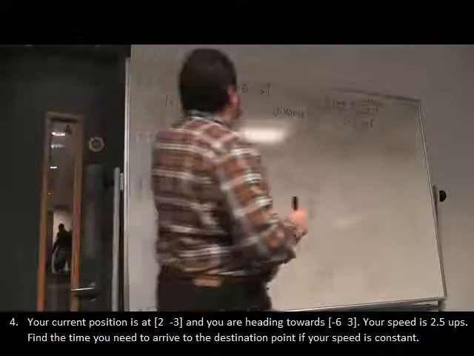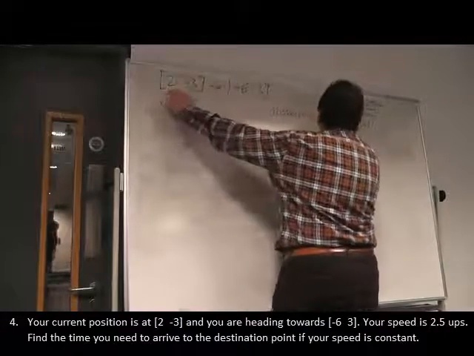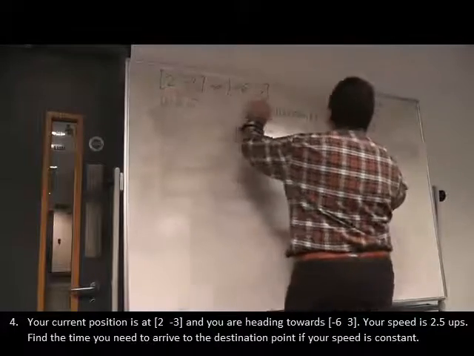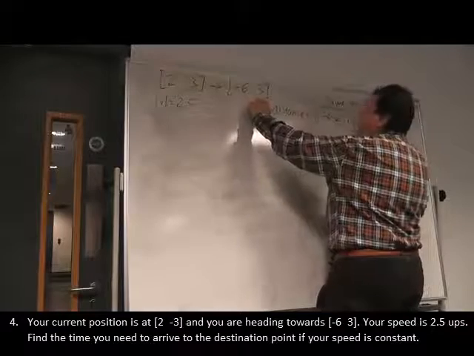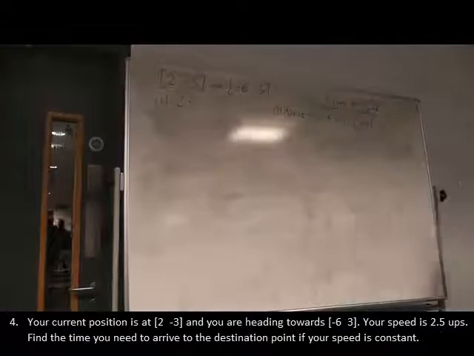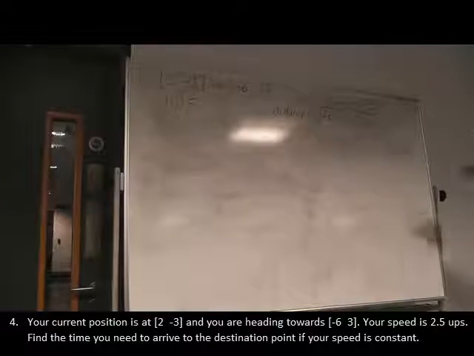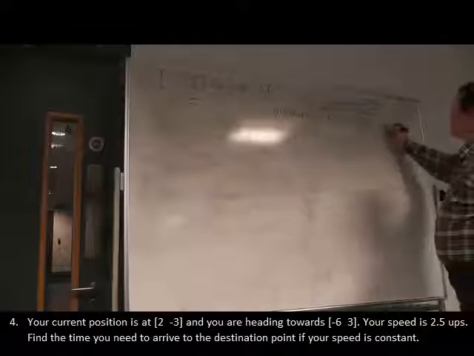So I take this: -6 minus 2. And here 3 minus -3, it's plus 3 actually. So that's my calculation. It's mathematically the same thing, but a little bit better approach.